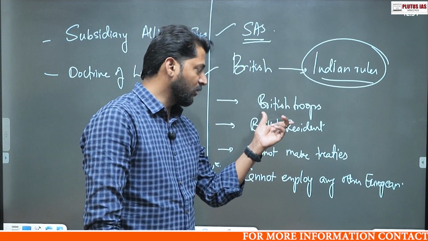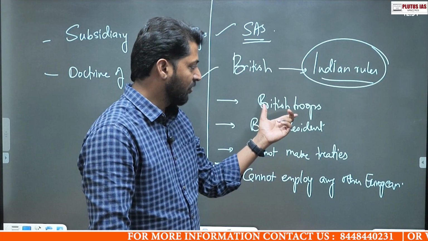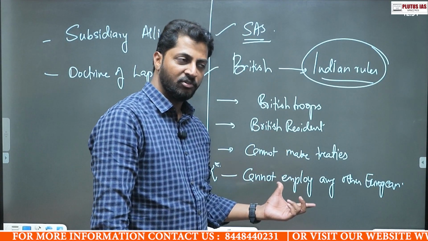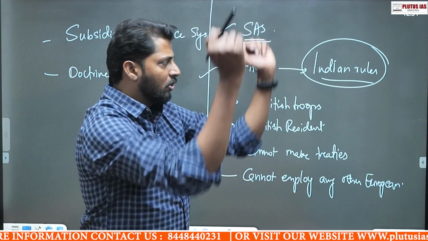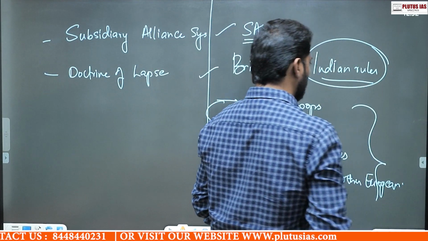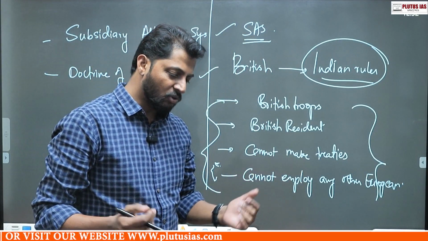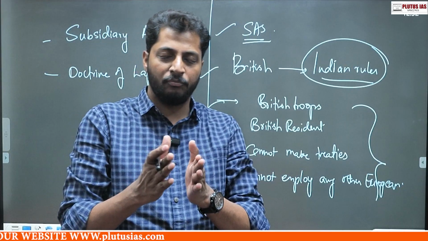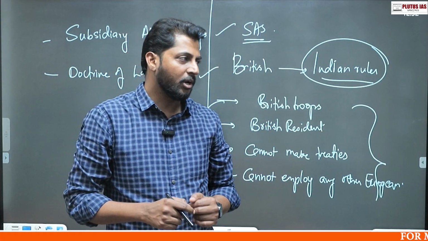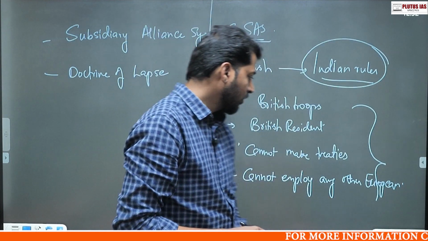For these troops, he has to pay money for the expenses, and he cannot enter into treaties or employ any other European without the permission of the British. If you observe carefully, if any Indian ruler signs this subsidiary alliance system, he virtually loses his independence. Virtually losing independence means, for namesake, he will be the ruler, but everything else will be controlled by the British. So that policy is called the subsidiary alliance system.